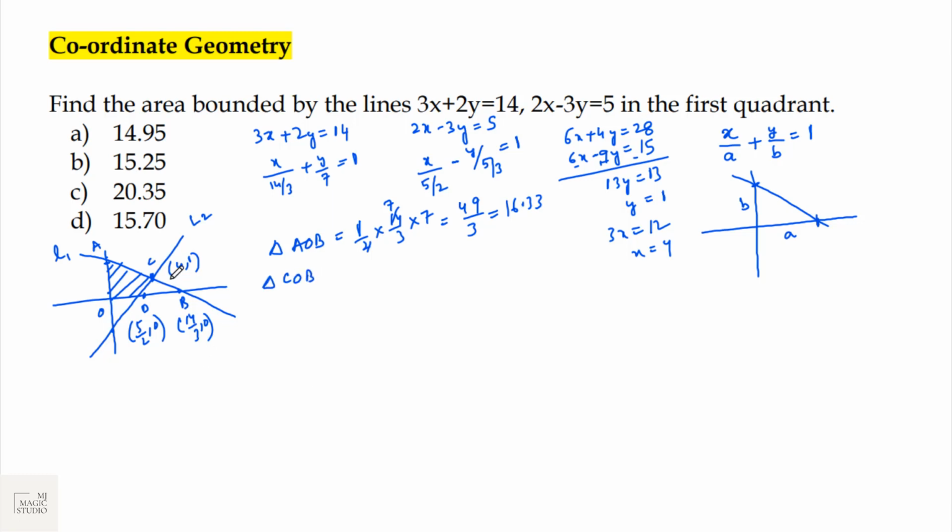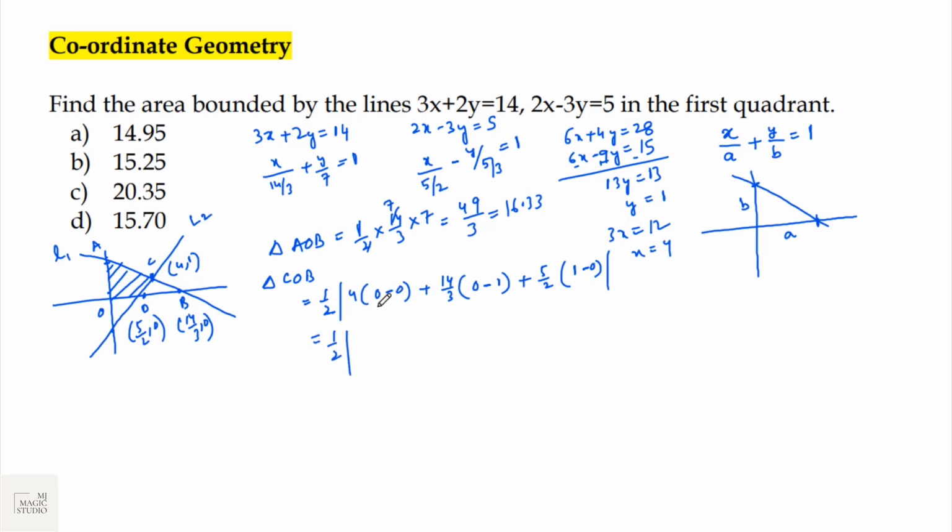For area of COB, let me use the coordinate geometry formula to find the area of the triangle. That is given by half mod x1, let it be 4, into (y2 - y3) plus x2 into (y3 - y1) plus x3 into (y1 - y2).